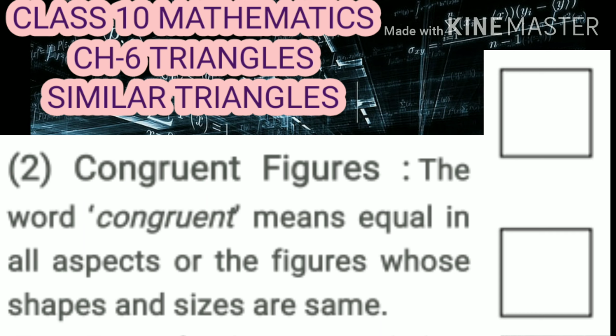Children, there is a slight difference between similar figures and congruent figures. If you compare both, you can easily understand that congruent figures are those figures which are equal in shape and size, but similar figures are those figures which are equal in shape but different in size.